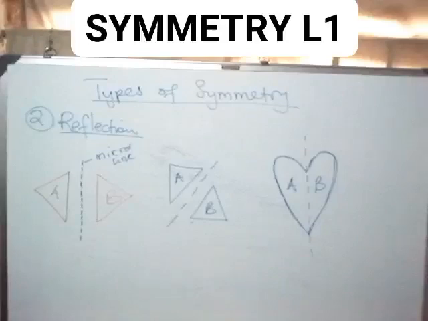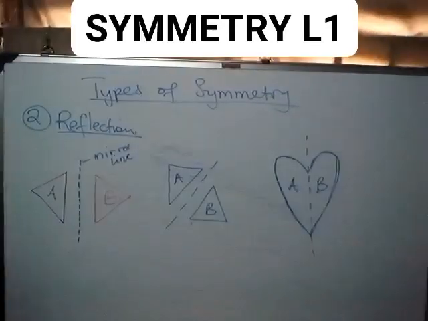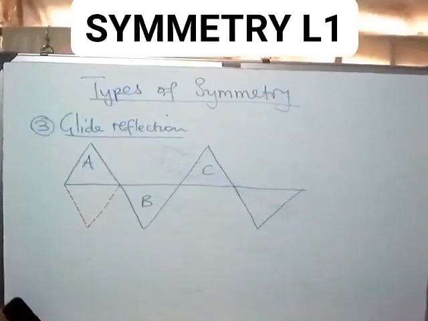Now we go to the third type of symmetry, which is known as glide reflection. To create a glide reflection, we combine a reflection with a translation along the mirror.